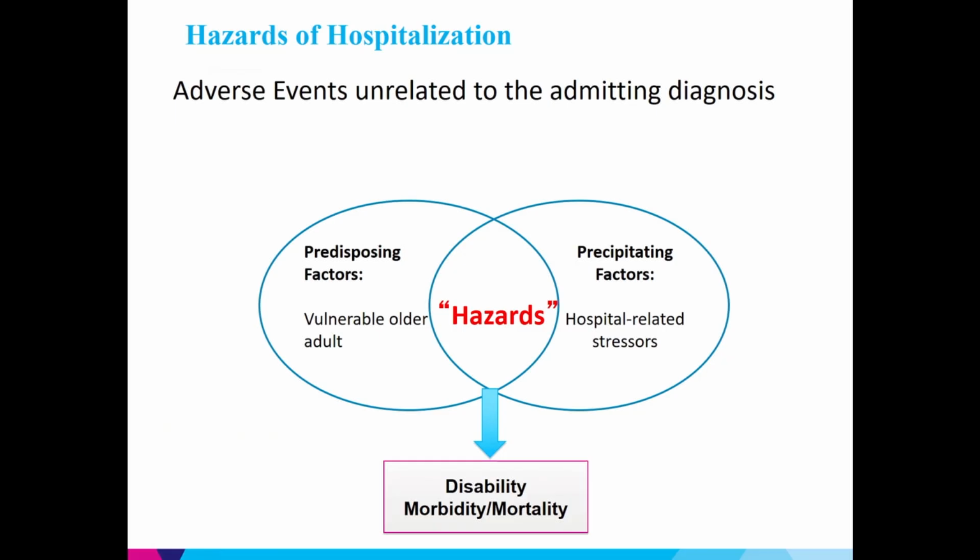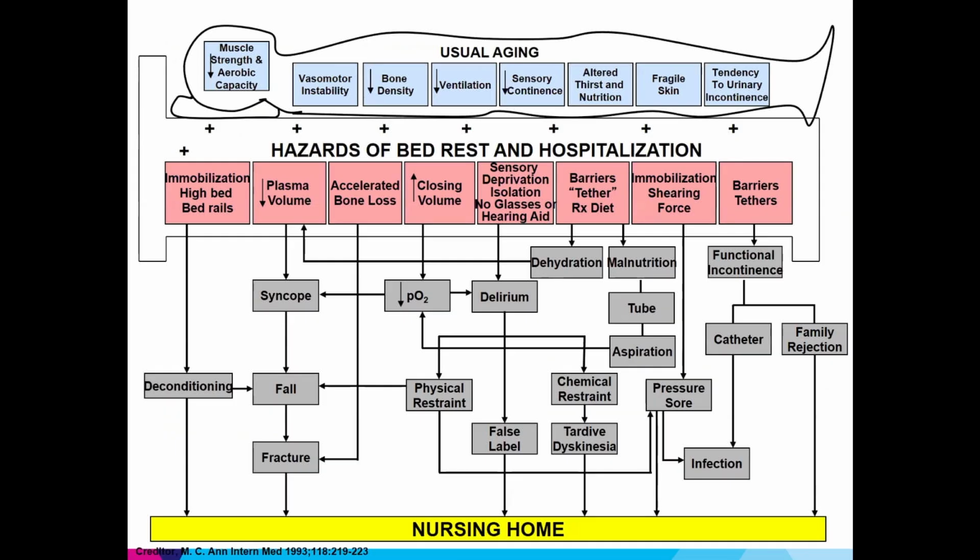This image or schematic is reproduced from Creditor's Annals of Internal Medicine article titled Hazards of Hospitalization. It reminds us of that interplay, that usual aging, which is associated with normal physiological changes that increase the susceptibility to various stresses. Some of the changes represent a reserve in function that will not produce a disability under normal circumstances.